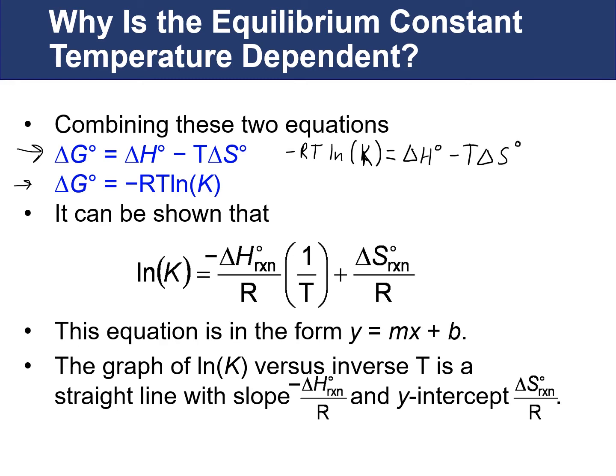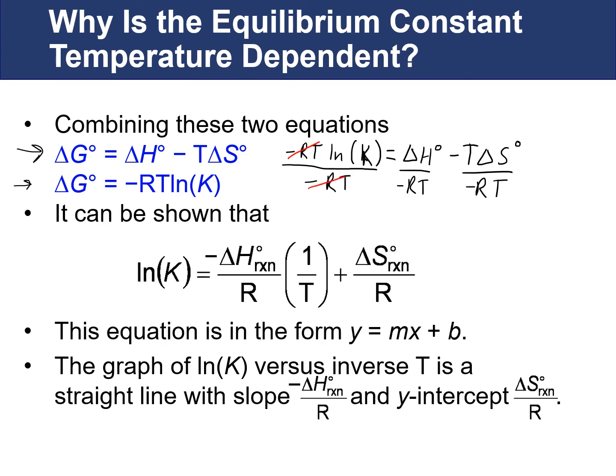If we're interested in figuring out how our equilibrium constant changes with temperature, we can divide both sides by minus RT. On our left-hand side, the minus RTs would end up canceling out.